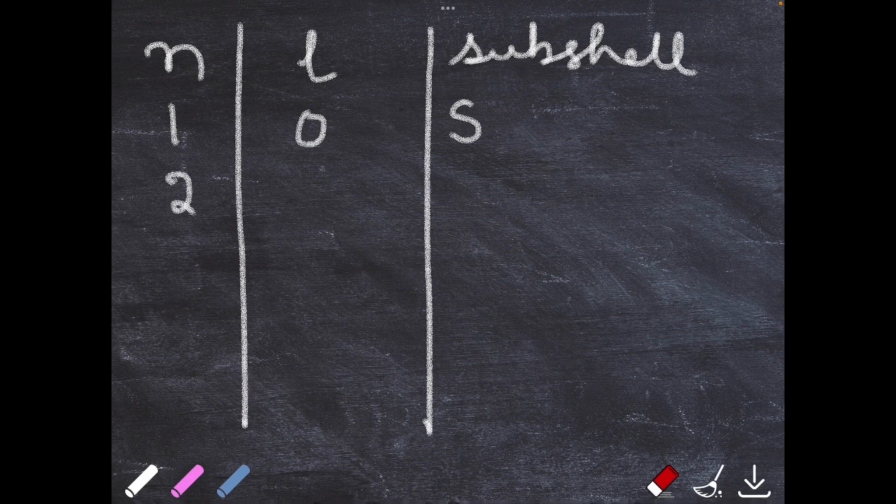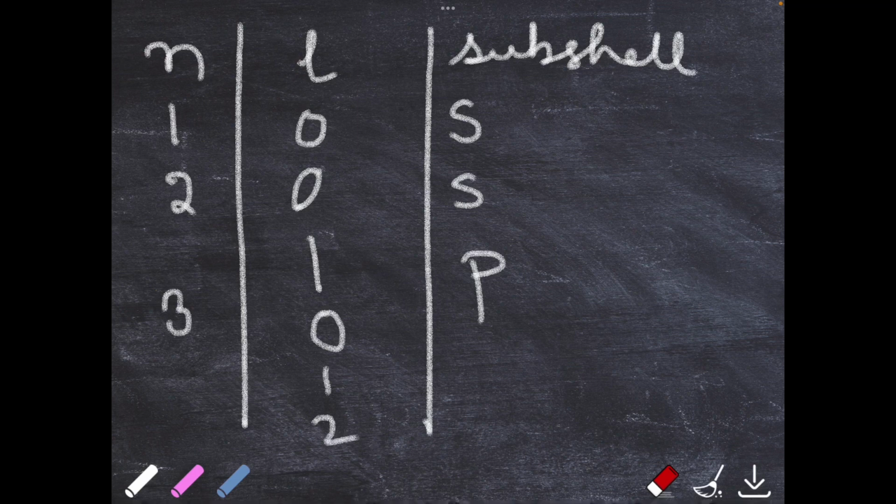If n is 2, l will be 0 and 1. If it is 0, the subshell will be s, and if it is 1, the subshell will be p. If n is 3, total values of l will also be 3: 0, 1 and 2. This will be s, this will be p, and this will be d. So I'm sure now you must have got an idea as to what l is, what a subshell is, and what n is. Let's move on further.